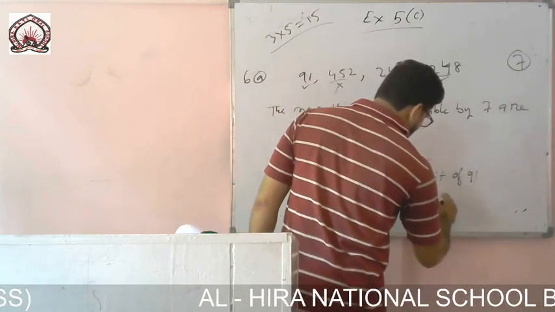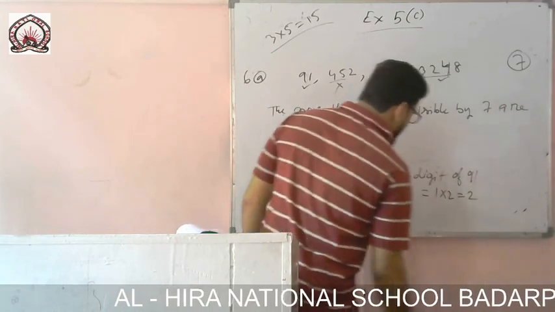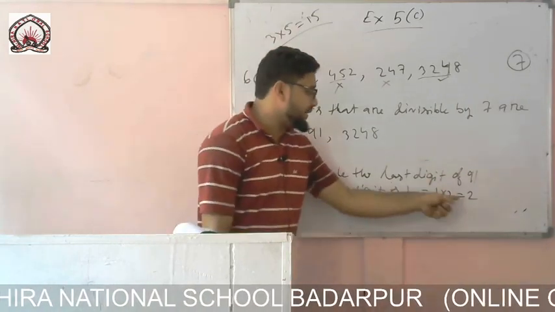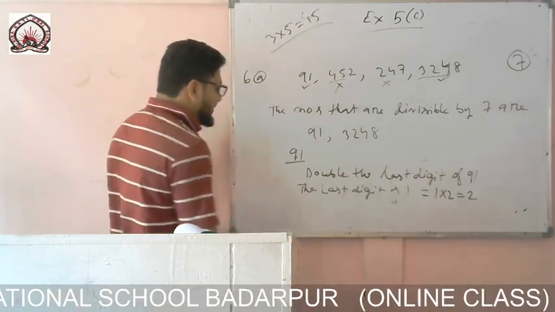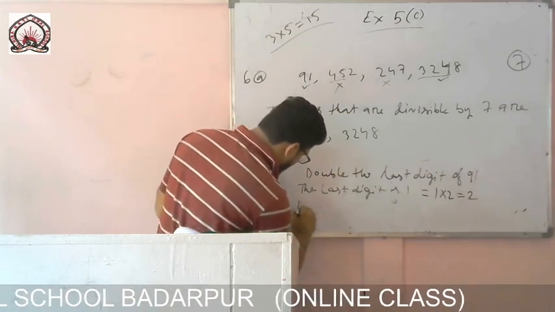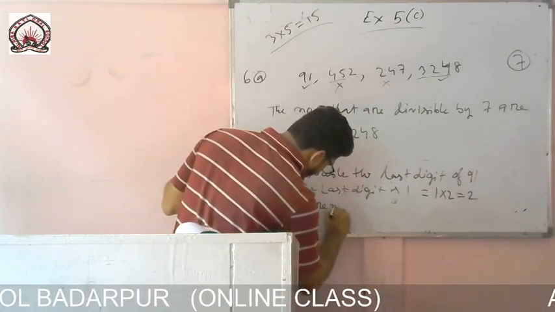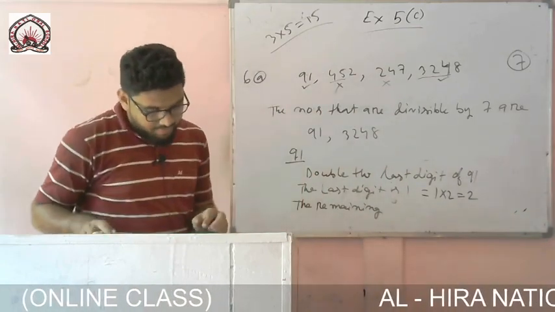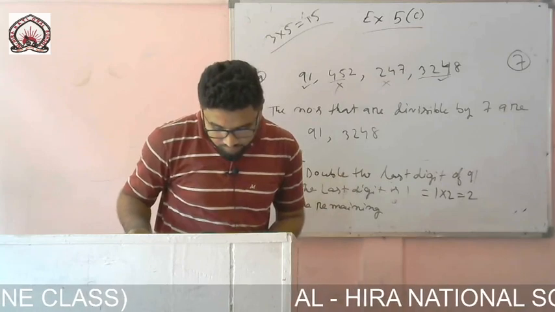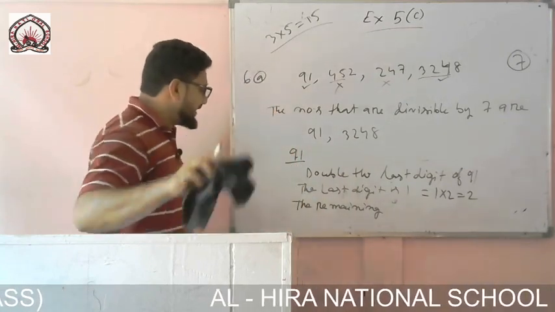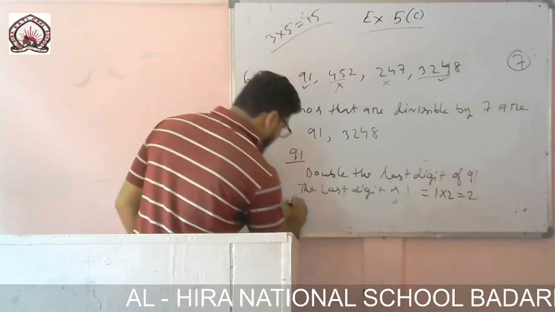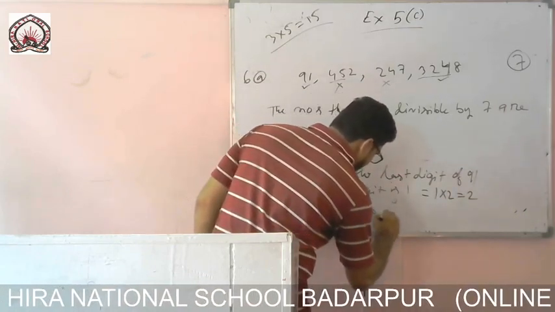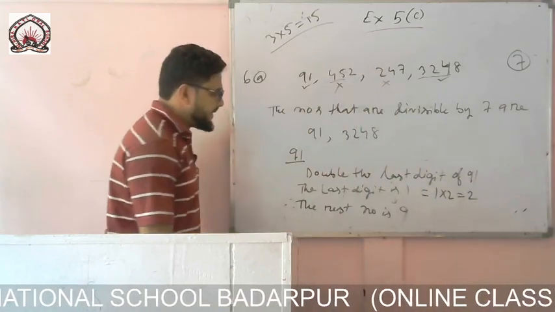Therefore 1 into 2 equals 2, because we need to double it. Now, the rest number is 9.